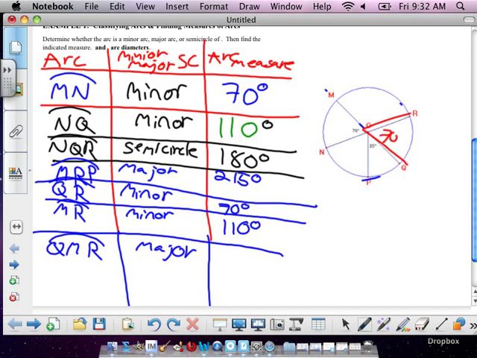And how do you know? Because it is a what? Vertical angles. Okay? So what I'm looking for is QMR. So I do 360 minus 70, which gives me 290. Do we feel like we get the point? Do I need to keep going? Okay, let's move on to the next one.